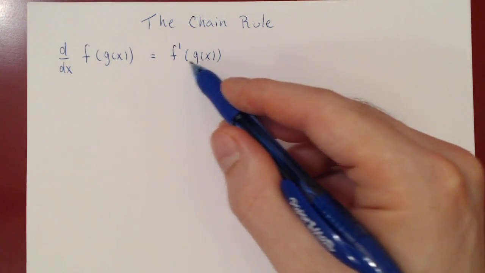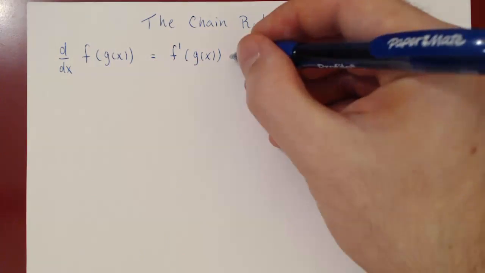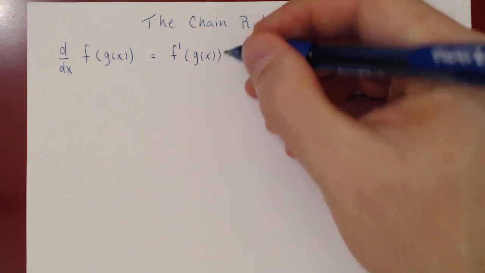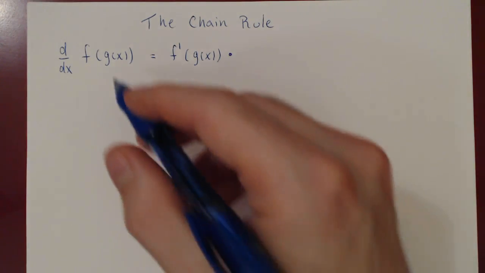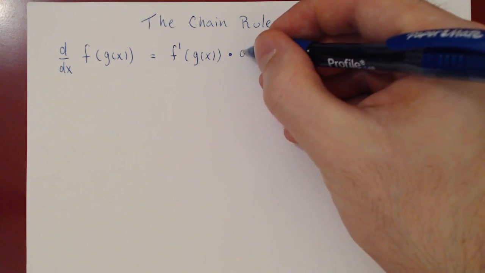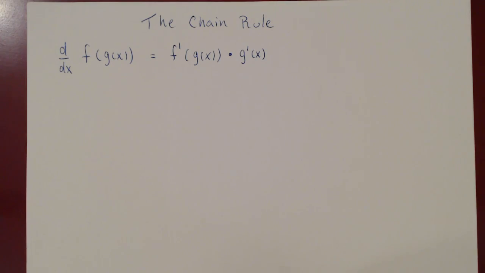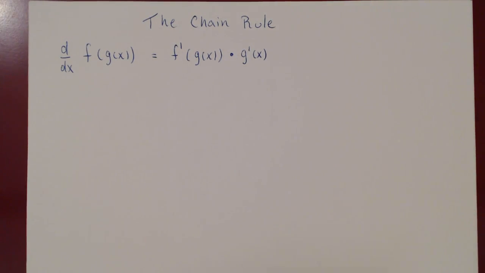So you've just peeled the first layer off of your onion, times, and now you repeat, times the derivative of what's left over. Well, what's left over is g of x, so times the derivative, g prime, of x. And that's the chain rule. So always think of it as you differentiate the outside function and you work your way towards the inside, one derivative at a time.